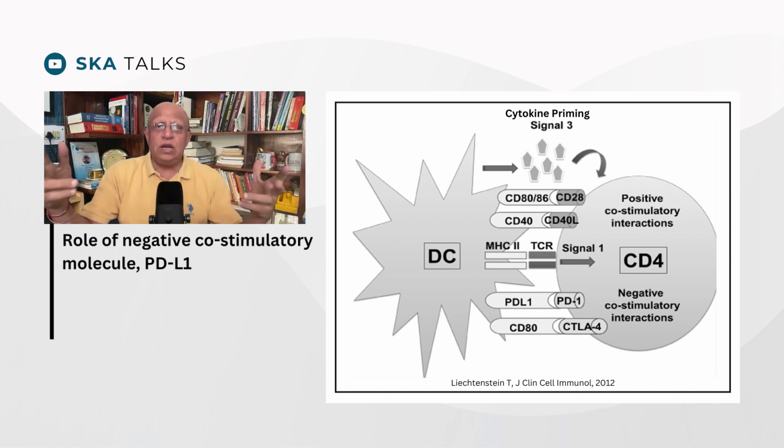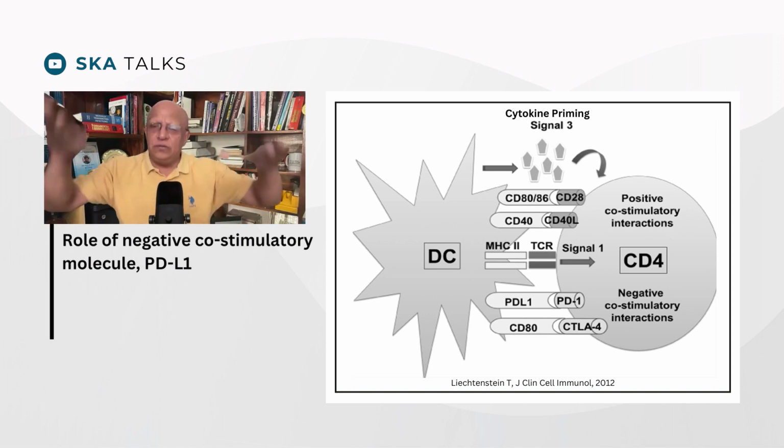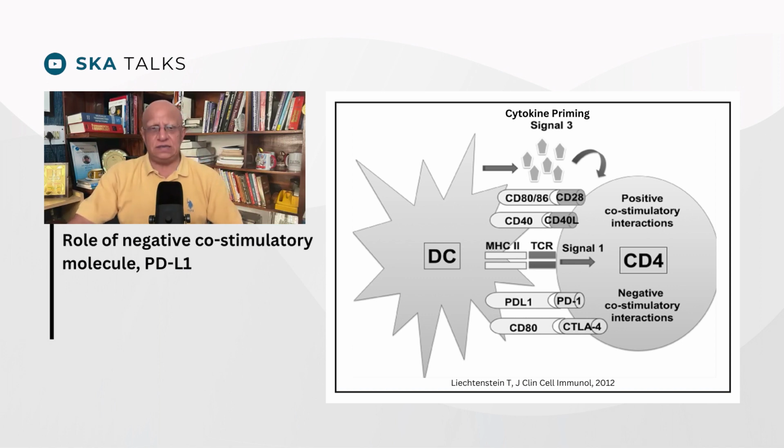There is another one which is called PD1, and this was earlier called the programmed death molecule, but now it is known as suppression of the activation. Whenever it interacts with its ligand, PDL1, which is expressed either on antigen-presenting cells or any other cells like cancer cells, it will suppress the activation of T cells.